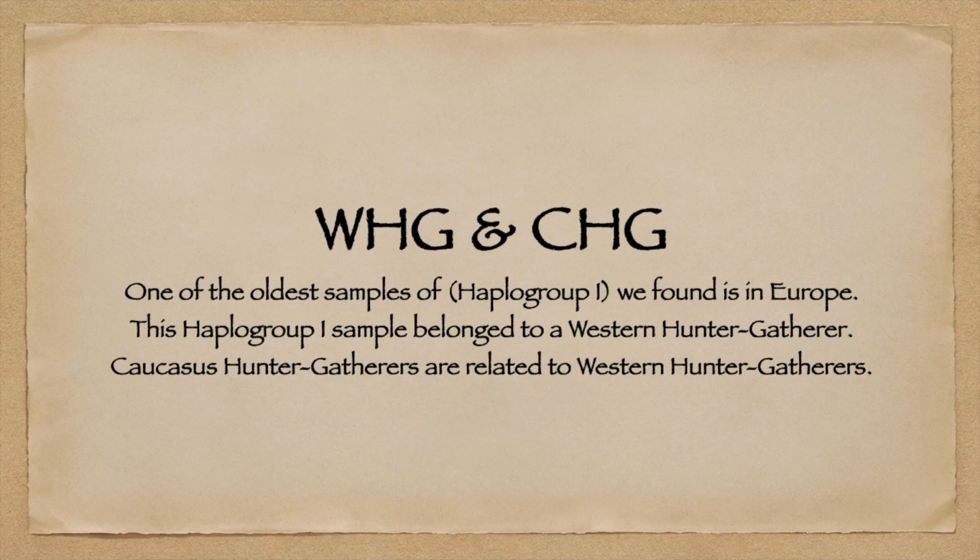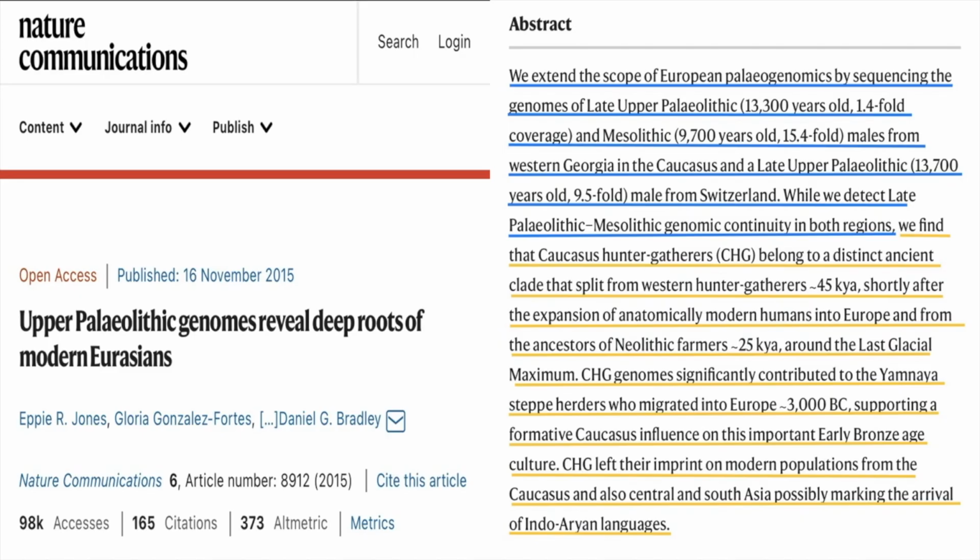So one of the oldest samples of I was found in Europe. This haplogroup I sample belongs to a Western hunter-gatherer, and Caucasus hunter-gatherers are related to Western hunter-gatherers.